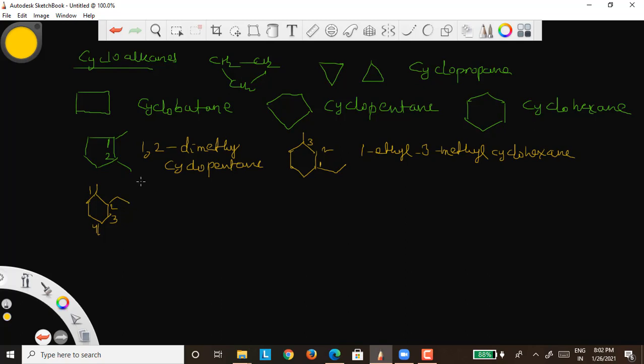Reverse way is not correct. So this will be 2-ethyl-1,4-dimethylcyclohexane.